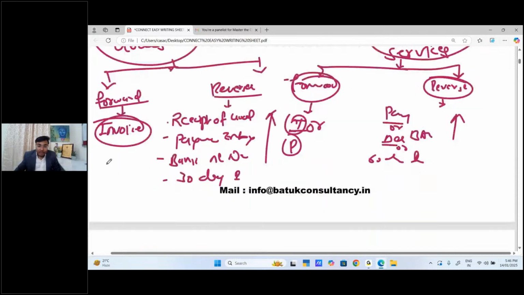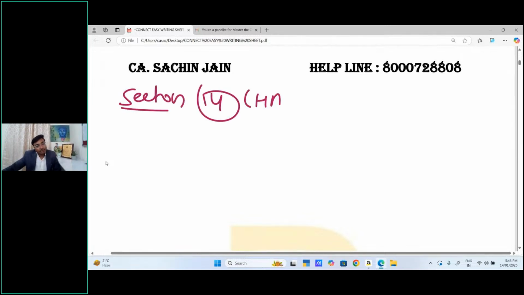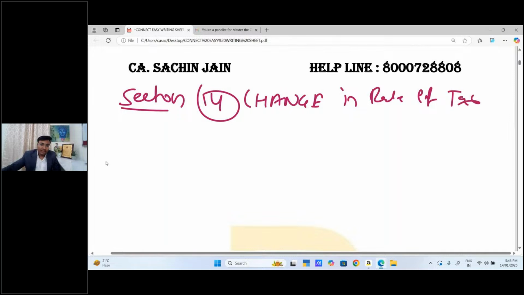And section number 14 is related to change in rate of tax. That is time of supply in case of change in rate of tax, whenever the supply has been made and after that the rate has been changed. In such a scenario, what will be the time of supply?